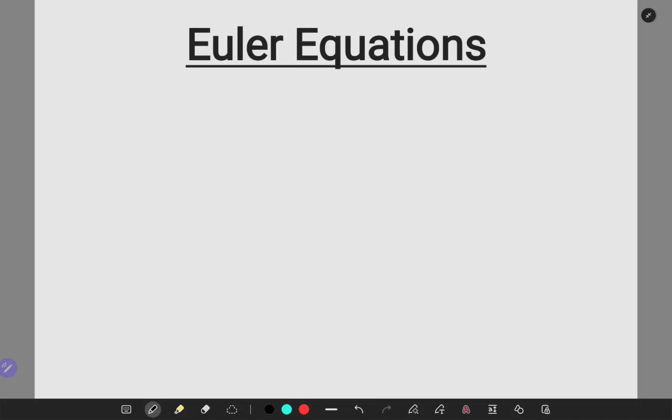An Euler equation would look something like this, where we have x squared times y double prime, and if we have x to the first power times y prime, and an x to the 0th power times y, just a normal y.